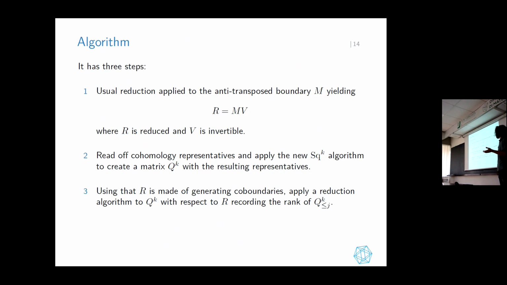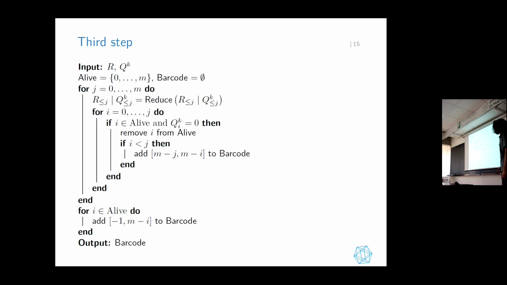The bottleneck usually occurs when we have 1 or 2 cocycles that are represented by extremely long columns.